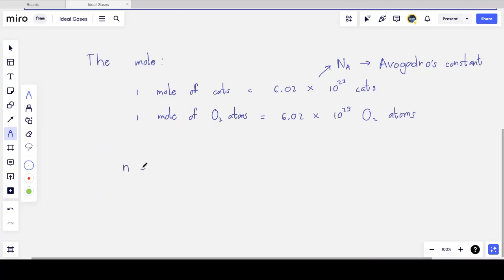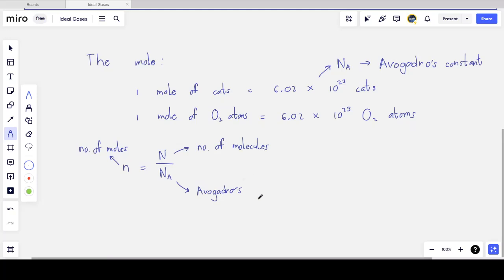The equation to relate the number of moles to the number of molecules is little n equal to big N over N_A, where little n is the number of moles of whatever gas you're dealing with, and big N is the number of molecules, 10 to the power 23, 24, etc. So that's the number of molecules divided by Avogadro's number, or Avogadro's constant.